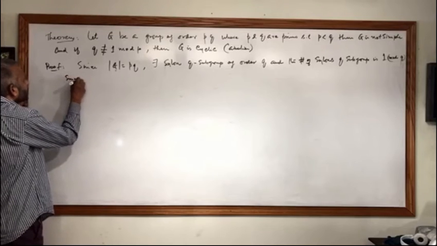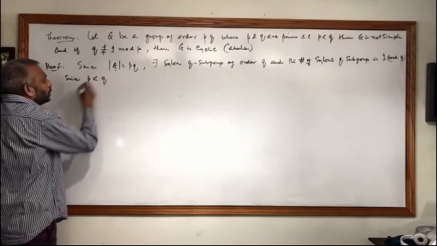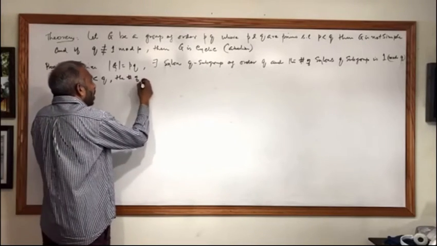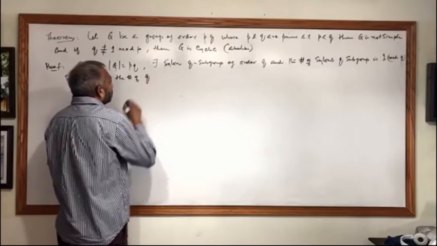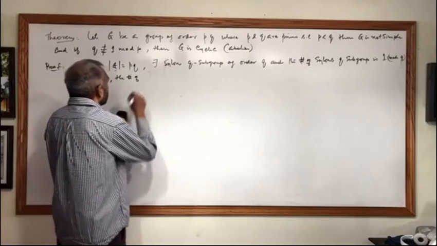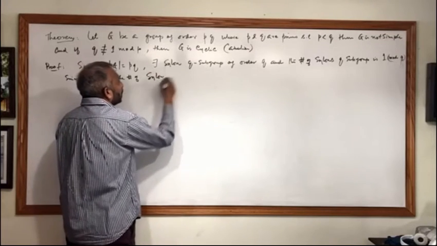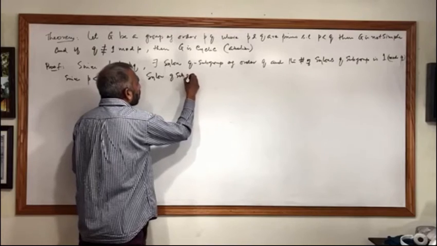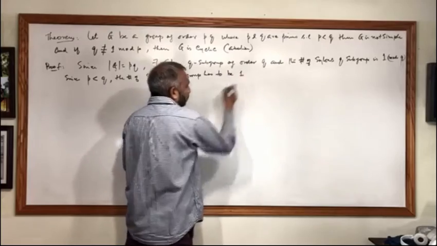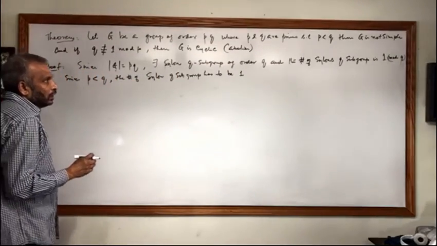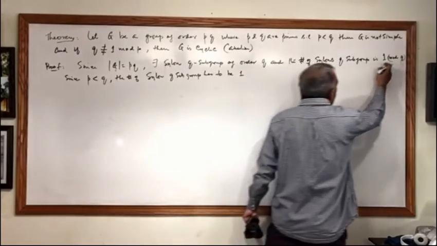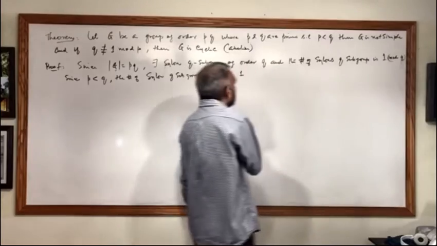Since P is less than Q, the number of Sylow Q subgroups has to be 1, because P is less than Q, and the next number will be Q plus 1, which is not possible. So it has to be 1.